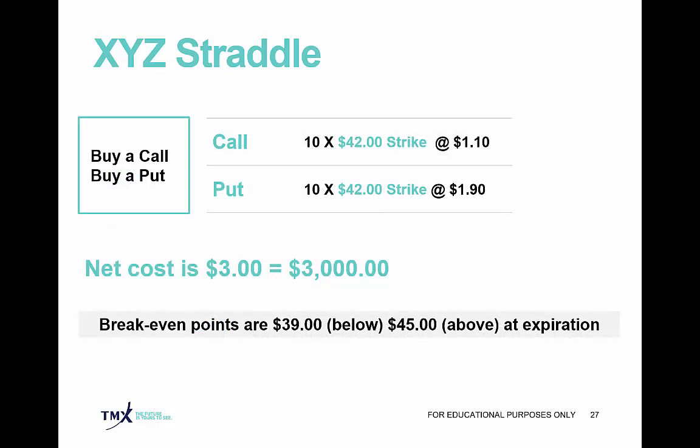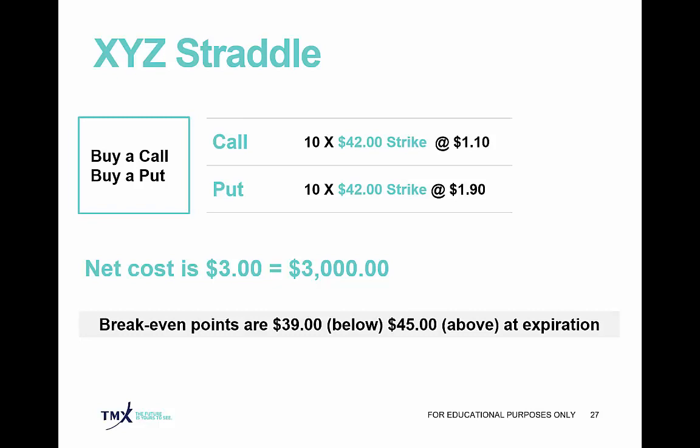Now, what we're going to do to create this strategy is we're going to buy a call and we're going to buy a put. So if we're looking to mimic a 1,000 share exposure to the underlying security here, XYZ, we're going to buy 10 of the 42 strike calls, and we're going to pay $1.10 per share, or 110 cents per contract, or $1,100 for the position.